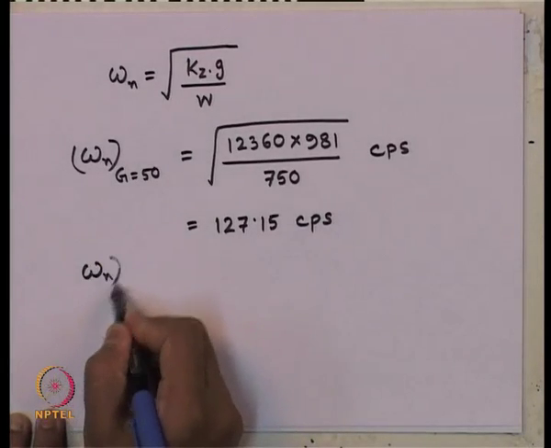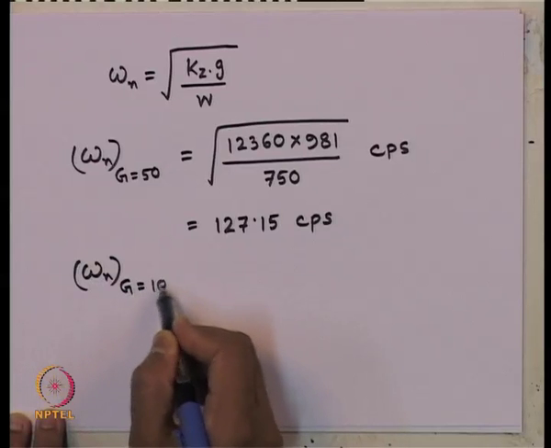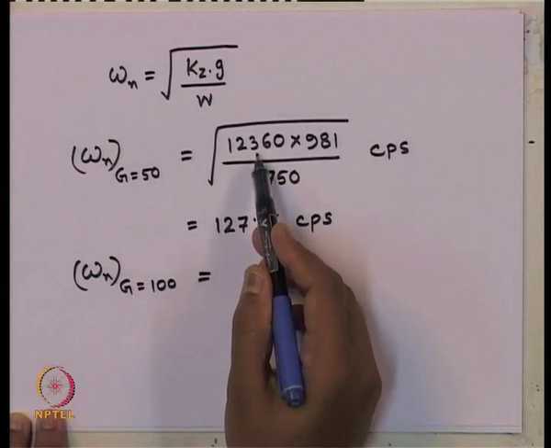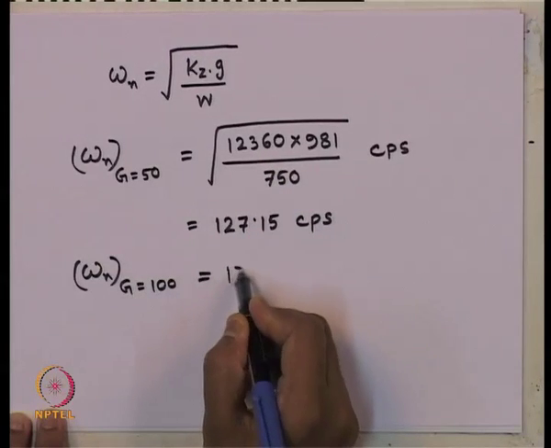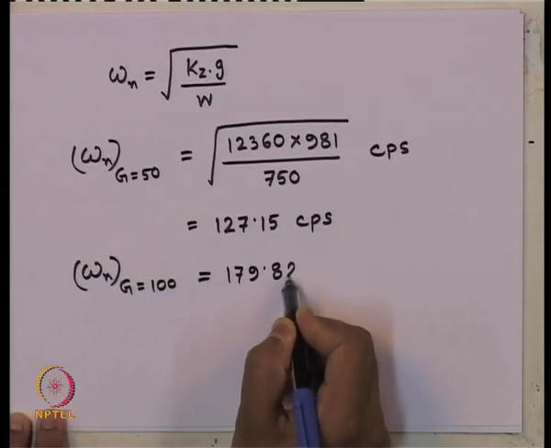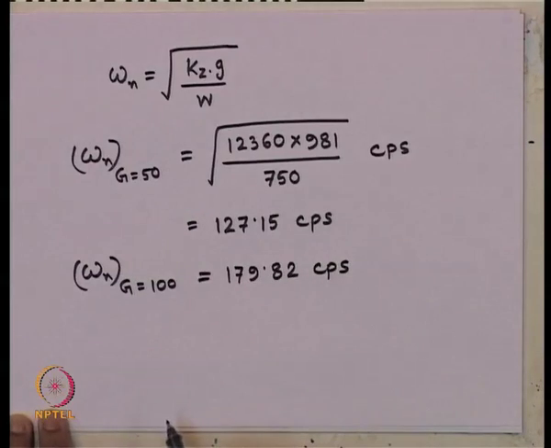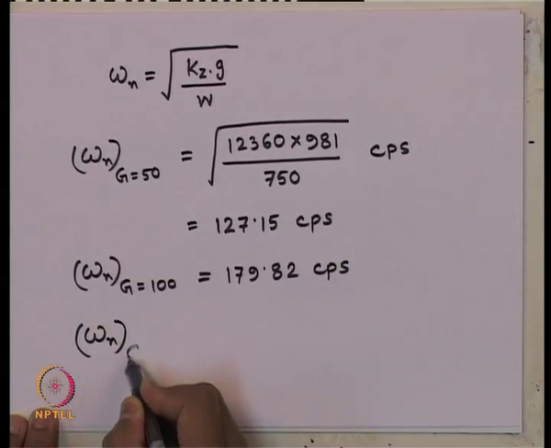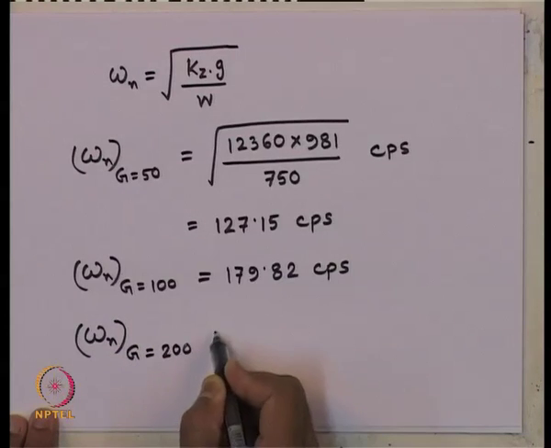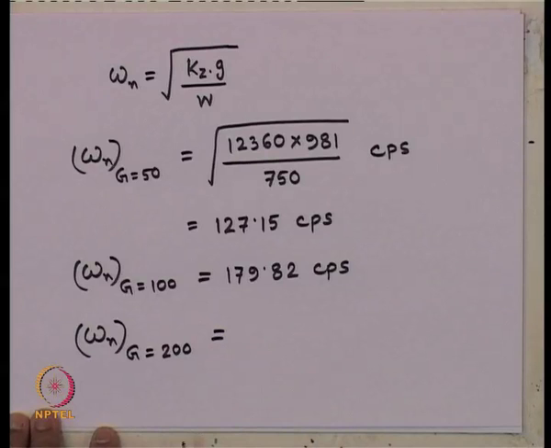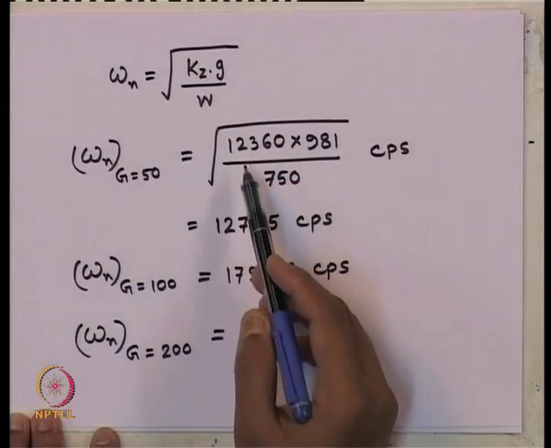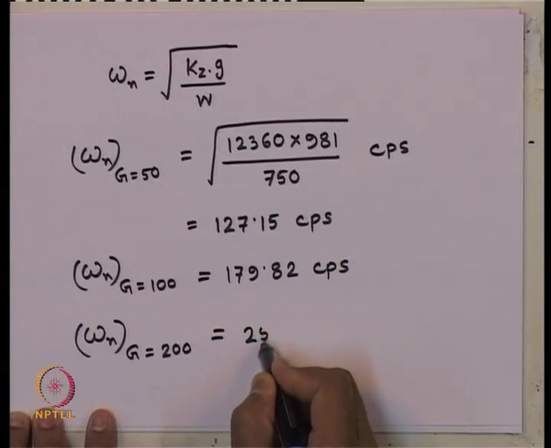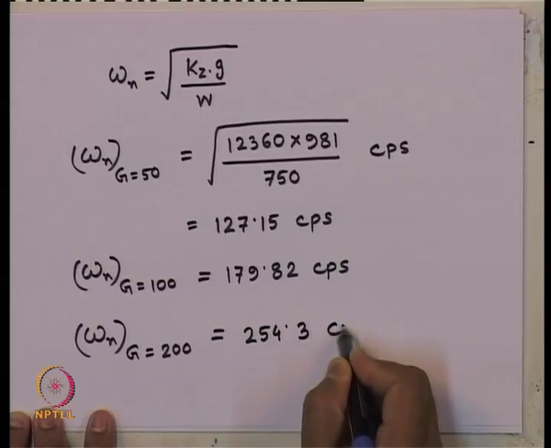Similarly, for omega n for the other 2 types of soil, we put Kz for G equals 100 TSF and get the value, and for the third type of soil, we put Kz corresponding to G equals 200 TSF, and it is coming about 254.3 CPS.